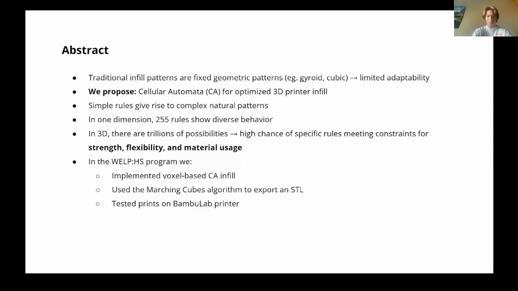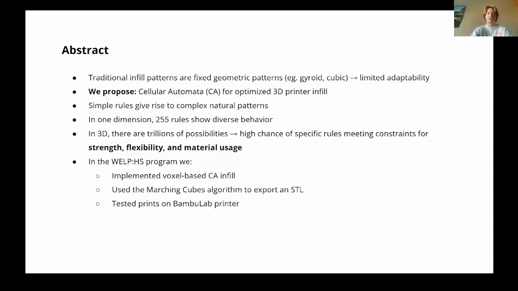And overall, we achieve this by representing 3D cellular automata using a voxel-based system. And then we applied all sorts of filters on this to get useful patterns. For example, specifying that the voxels need to be this interconnected, but have this sort of density to model things in real life.